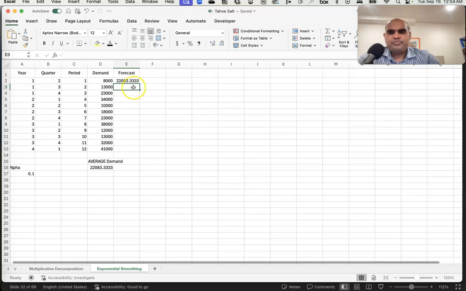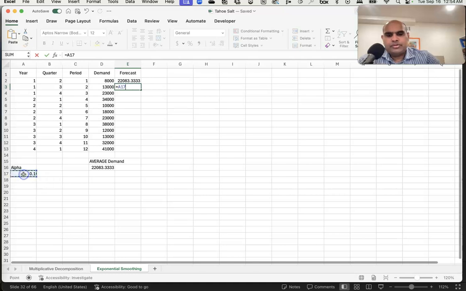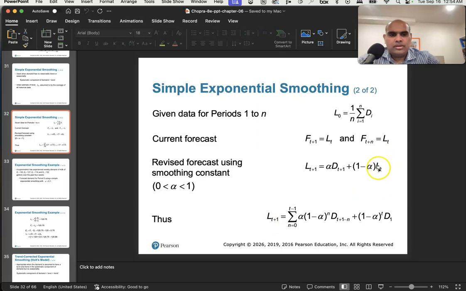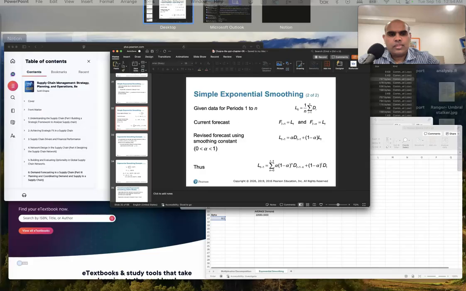The future forecast is going to be 10% times the actual demand, plus 1 minus 10% times the level, and level is essentially your previous forecast.